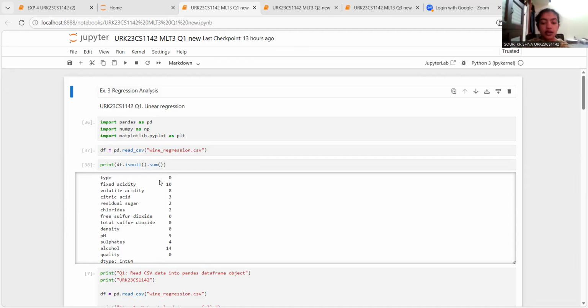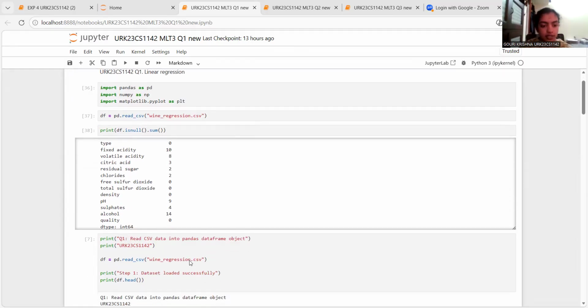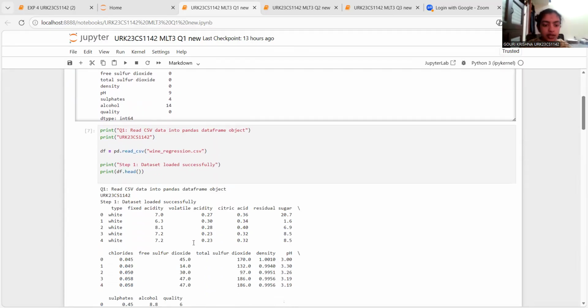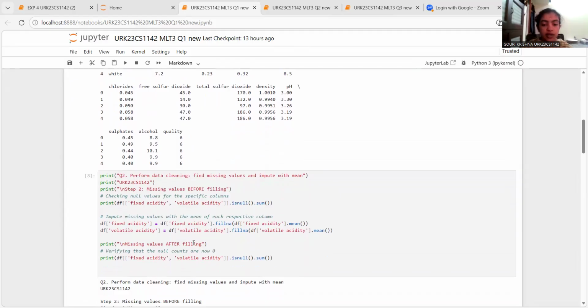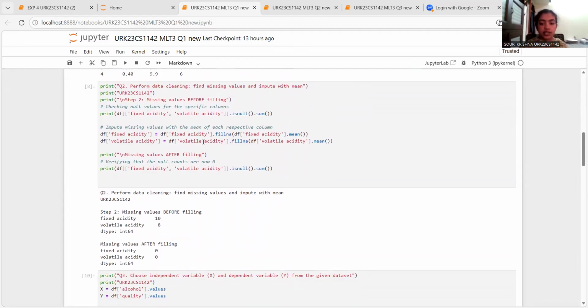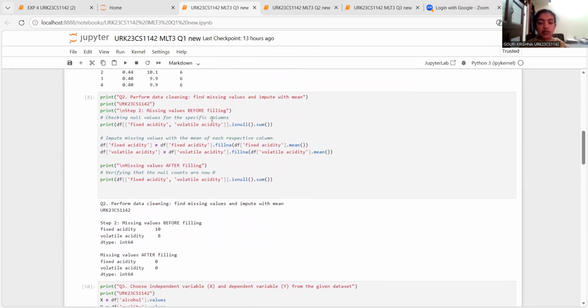We've loaded the data set and we'll check for the data cleaning part. Here we'll clean the data. We'll check the missing values for fixed acidity and volatile acidity, using dot is null.